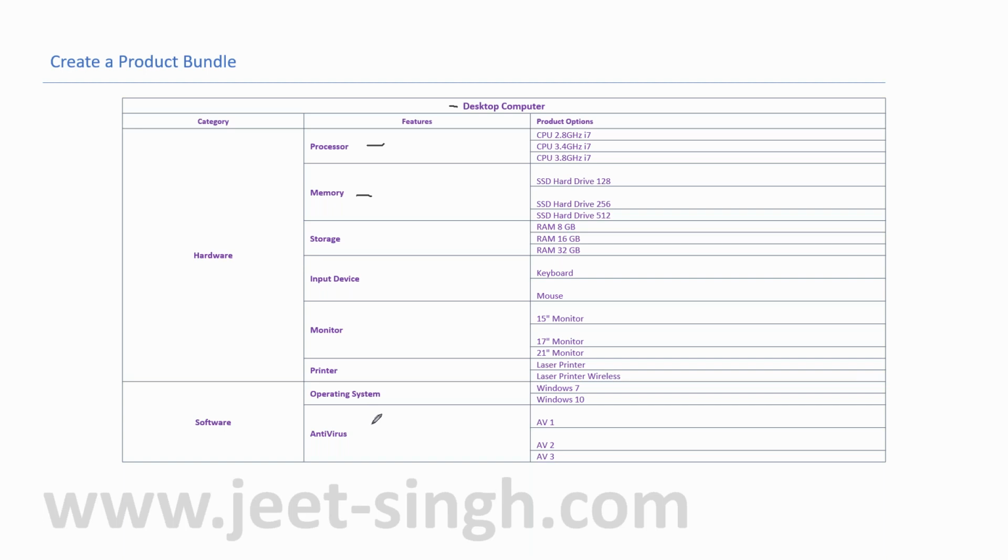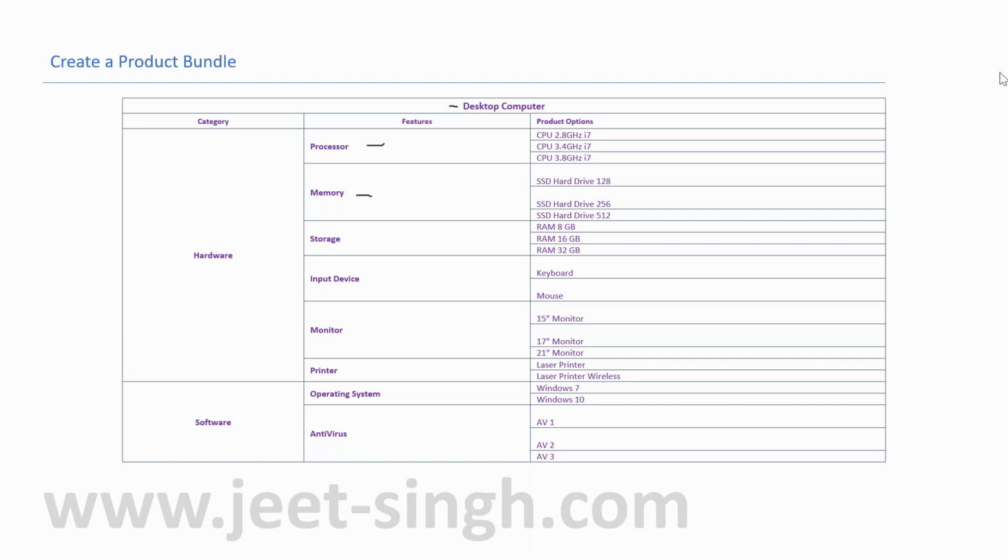Software, again, I've got two different features: operating system and antivirus, and then a few options there. Okay, so now this is what I want to be available for my sales team. Now this is the bundle that I'm trying to create.